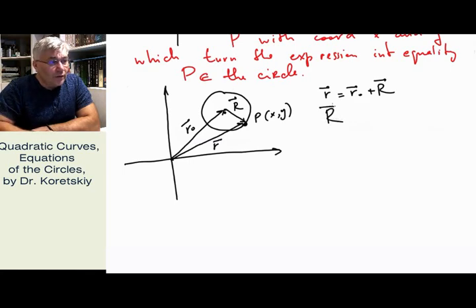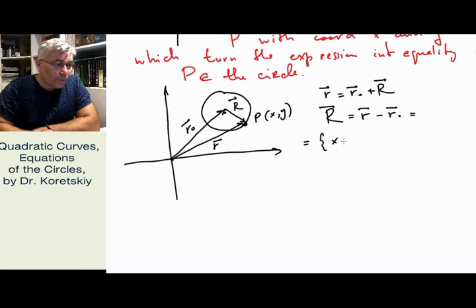Now I can write down that r capital, the vector of the radius of the circle, equals the radius vector r minus r0. Now I can write this expression in component form, and I have x minus x0, y minus y0.